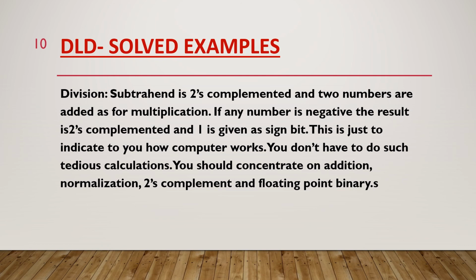If any number is negative, the result is in 2's complement, and 1 is given as the sign bit. So when any number is negative, then obviously the result will be negative as far as the division is concerned, and then we carry out as in the multiplication, but in the sign bit we write down 1, and that is what the computer will do.